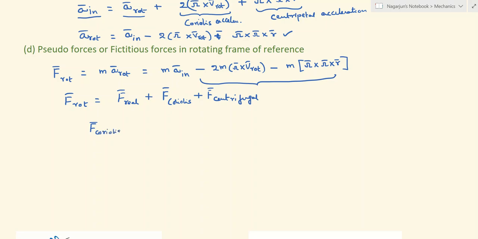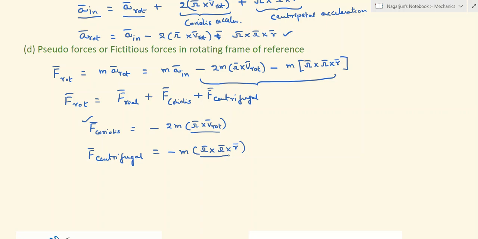The Coriolis force is expressed as minus 2m omega bar cross v bar rotation, and then the centrifugal force is minus m omega bar cross r bar. So knowing the directions of the vector omega bar cross v bar rotation, we can judge the direction of the Coriolis force.